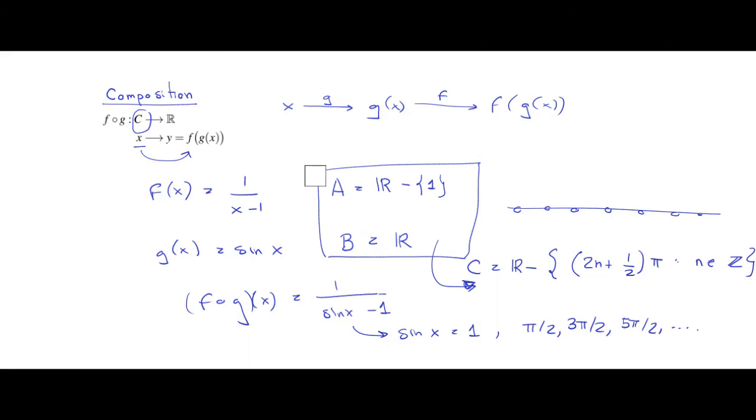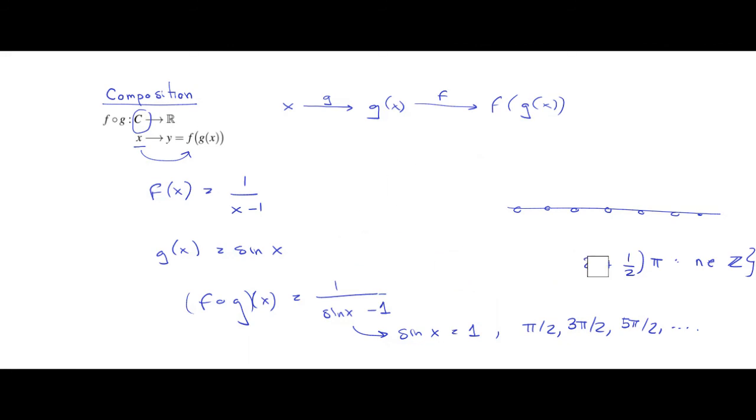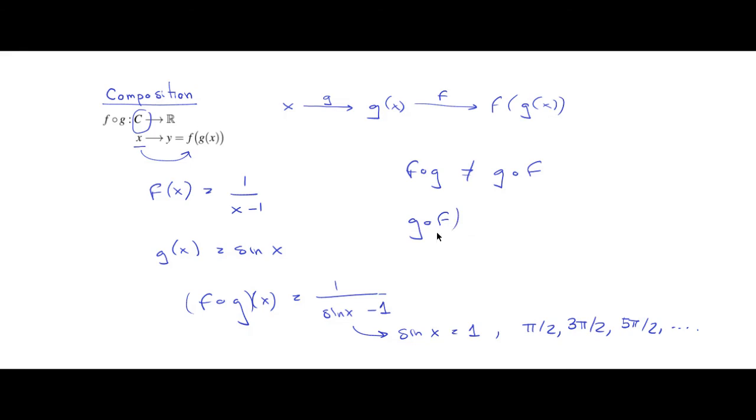So bear that in mind when we study compositions. And the composition is not commutative, so f of g is not the same as g of f in general. So g of f here, using this example again, would be the sine of 1 over x minus 1, which is a very different function, as you can see.